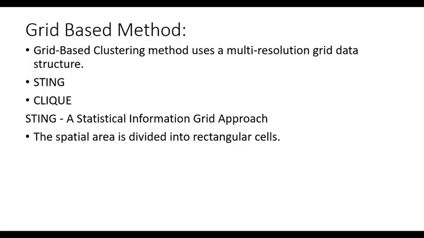Before we discuss, first we should know what STING is. A Statistical Information Grid approach. It was proposed by Wang and Yang in 1997. In this method, the spatial area is divided into rectangular cells.